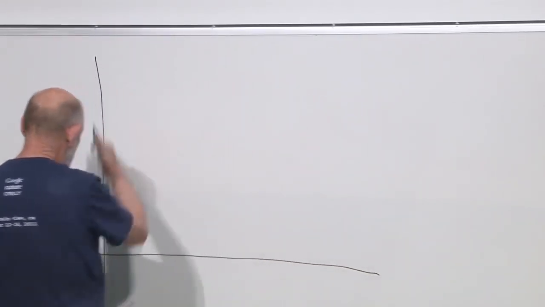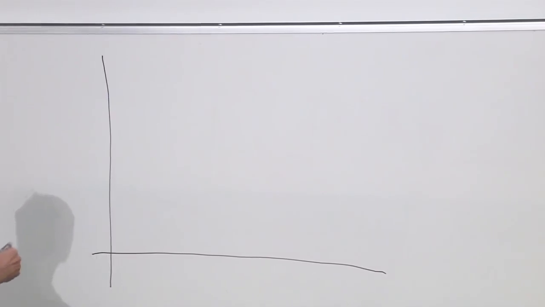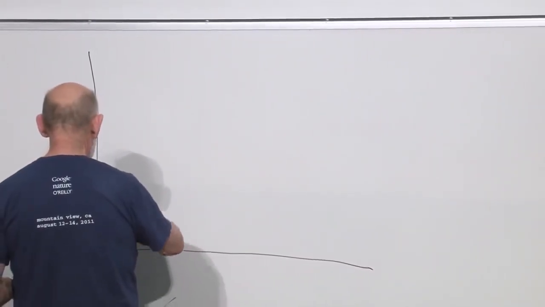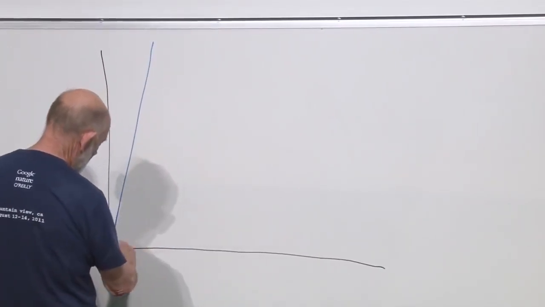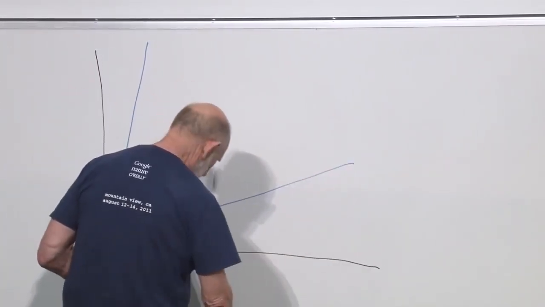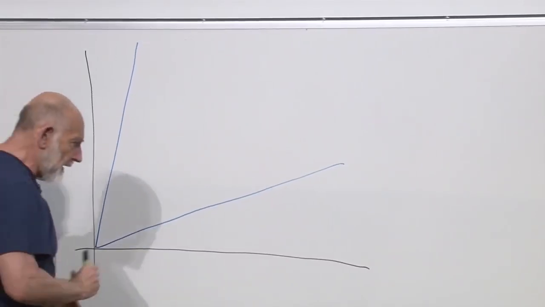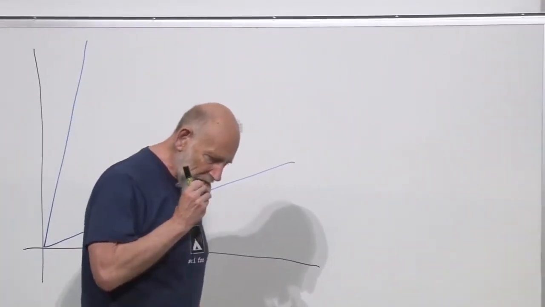One of them is at rest, that's your frame, and my frame is moving to the right. And so my frame looks like this. Let's draw on one more thing. Let's draw on the speed of light.